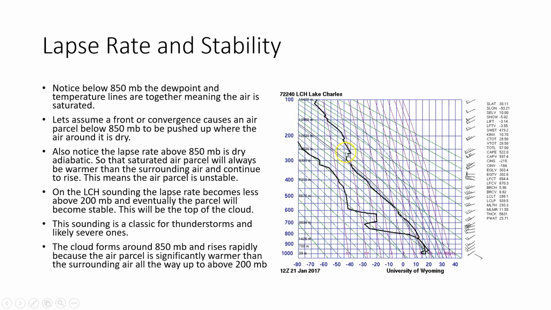Eventually it's going to hit this layer and maybe slow down, and then its layer doesn't cool as fast. So maybe I'll wind up topping out in here. But I've got some really strong vertical motions probably going on, anywhere from 500 millibars up to 300 millibars in this area. And the max vertical motion is probably going to be just before it reaches this stable layer here. So that's something to think about when you're looking at soundings.